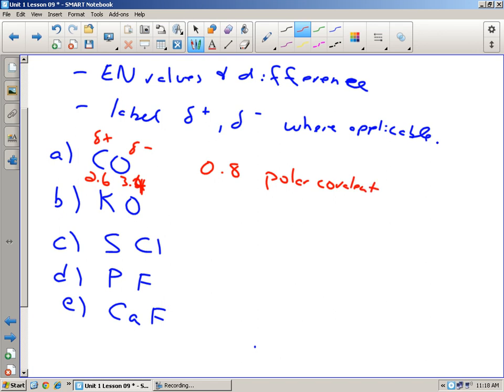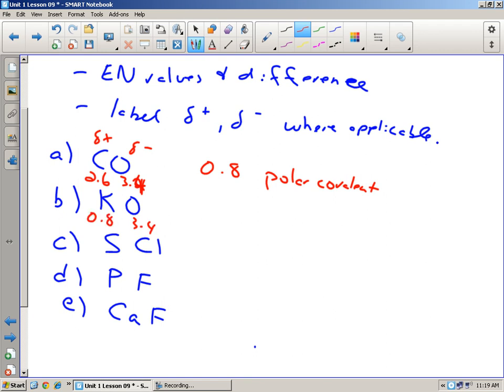All right. So not that much of a difference if we look at those two. I'm just going to call them polar from now on, because we know that polar can only refer to covalent, right? K and O: this obviously is 3.4, and K is 0.8, okay?